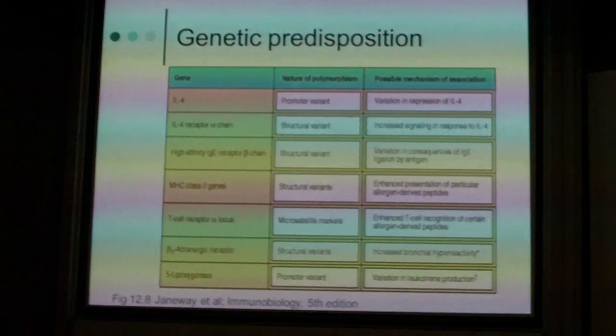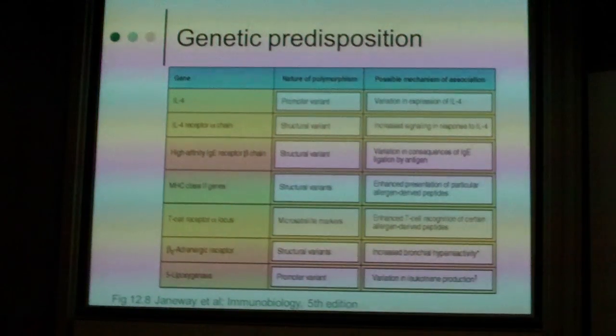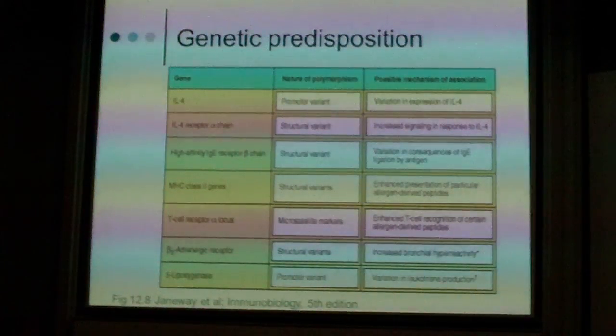MHC class 2 genes. Everyone here has a different MHC class 2 and class 1 haplotype. Some of the haplotypes contain MHC molecules which are very easily presenting allergens to our immune system, and that's just a matter of incidence. If you have that specific MHC molecule, then you are better at presenting some allergens than persons who don't have that type of MHC molecules.